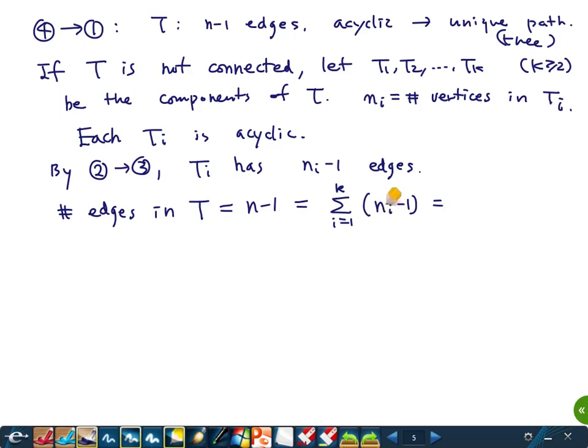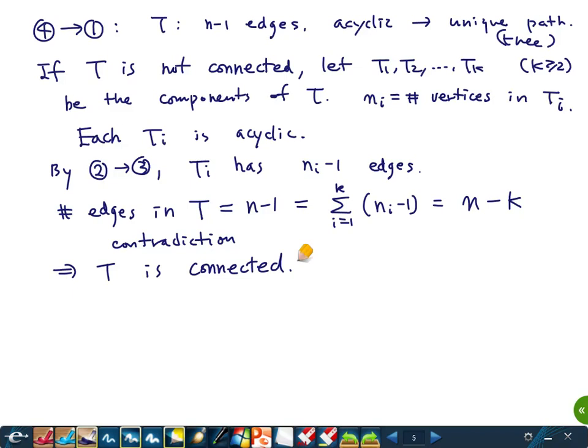The sum of the ni's is the number of vertices, n, and this is just k. This is a contradiction because k is greater than or equal to 2. n minus 1 cannot be equal to this, because this means k equals 1. Therefore, this assumption is wrong, so T is connected.